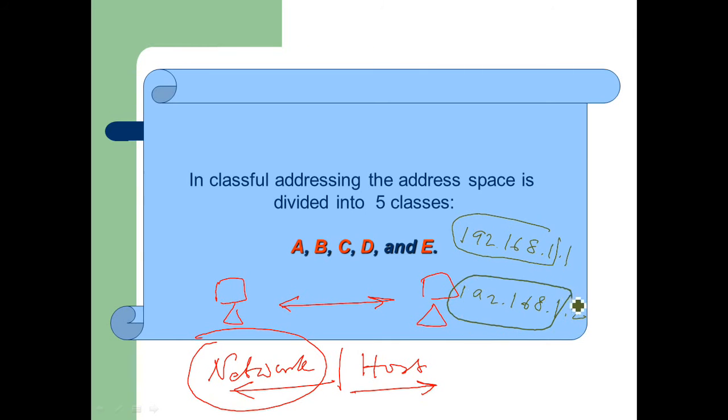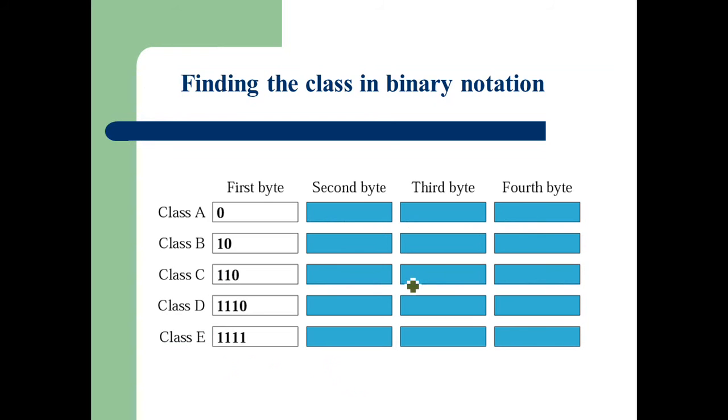So for the different classes, class A, class B, class C, class D, class E, different portions are common. There is a different mechanism for how we classify this. For example, when we have this 4-byte number, first byte, second byte, or 4-block number, this first 8 bits will help me identify which class it belongs to.